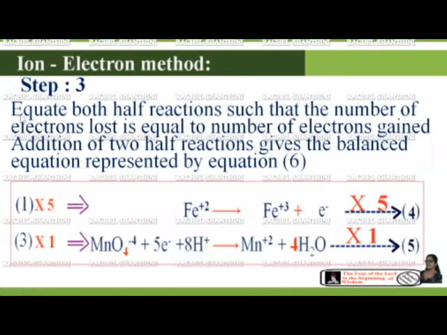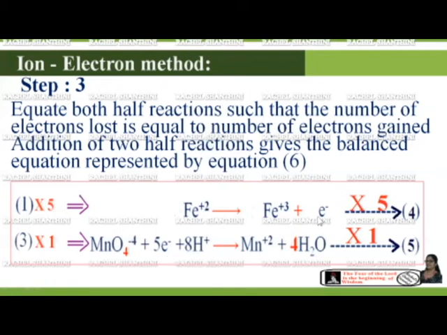In step 3, we need to equate both half reactions such that the number of electrons lost is equal to the number of electrons gained. An addition of the two half reactions gives the balanced equation represented by equation 6. So in this reaction, it loses 1 electron during oxidation and gains 5 electrons during reduction.